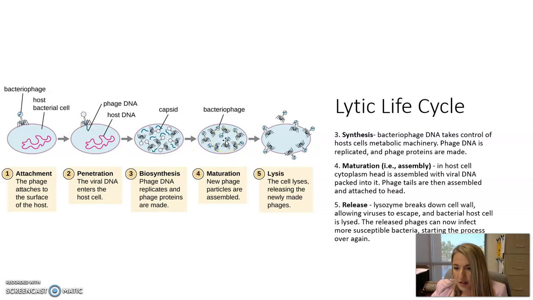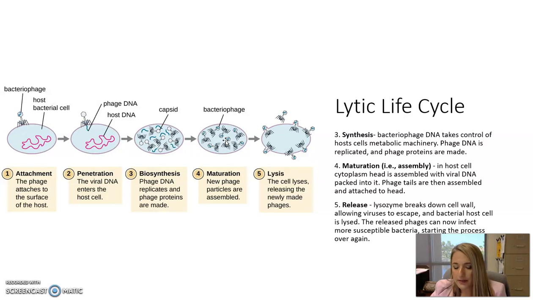In the maturation stage, or the assembly stage as we're calling it, it's the same thing as the assembly stage with animal viruses. If you make all the parts in the synthesis stage, in the assembly stage, you're going to put all the parts together. So at this point, we would start to assemble the mature bacteriophages.